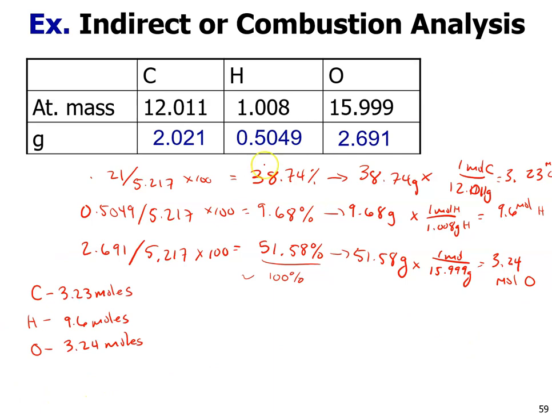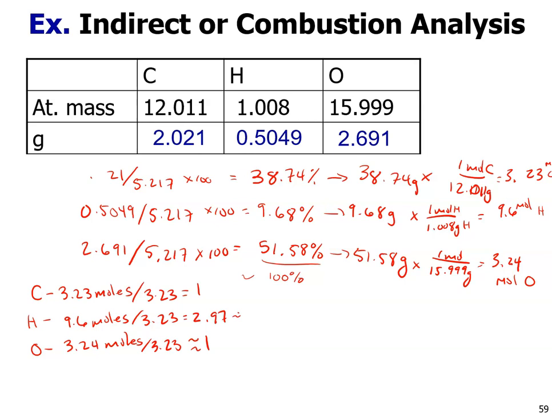Here we go from percent to mass and mass to moles. Divide by small. We're in moles here, so I'm going to divide by the small value, which is 3.23. I get approximately 1 down here, and the 9.63 comes out to 2.97.